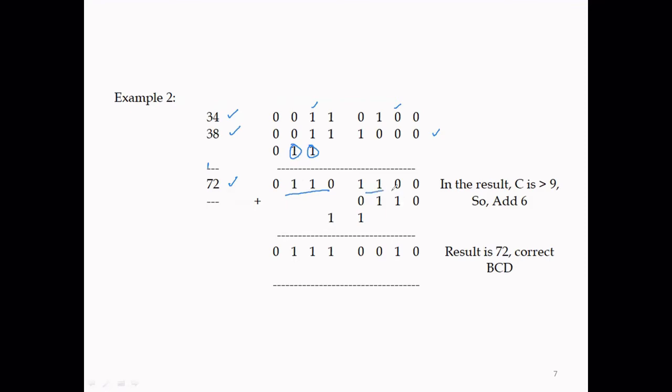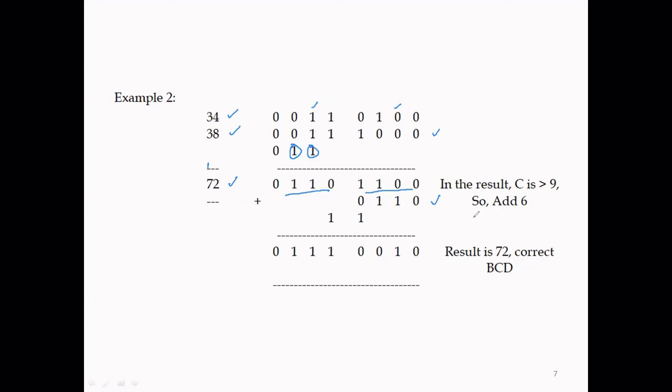This is C. This is not a BCD number; C is greater than 9. We are adding two BCD numbers, so the result should be a BCD number. Unfortunately, we got C. That's why, to correct it, it automatically adds 6.